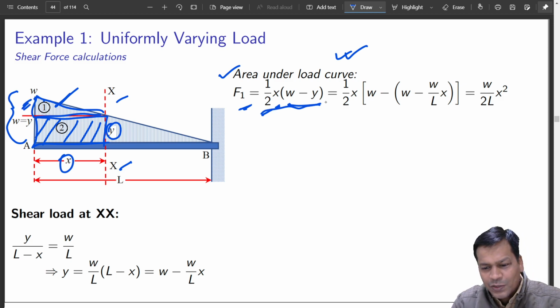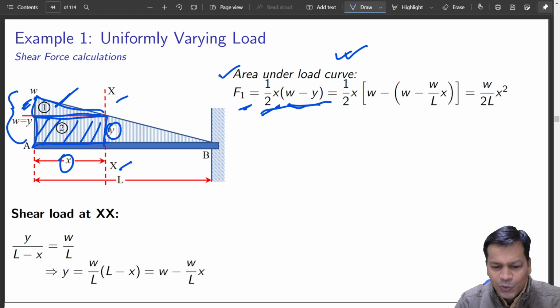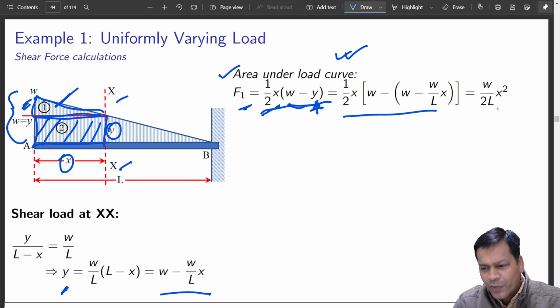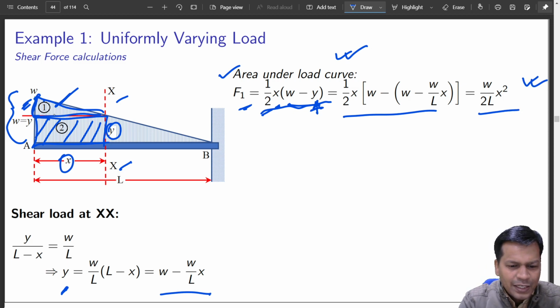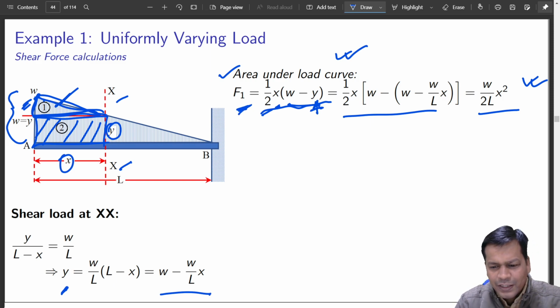So that is quite okay. If I substitute Y that was extracted here to this location, you can quickly get this, and finally this. This is your first triangle. The first piece is a triangle, and I could find out the area under that.